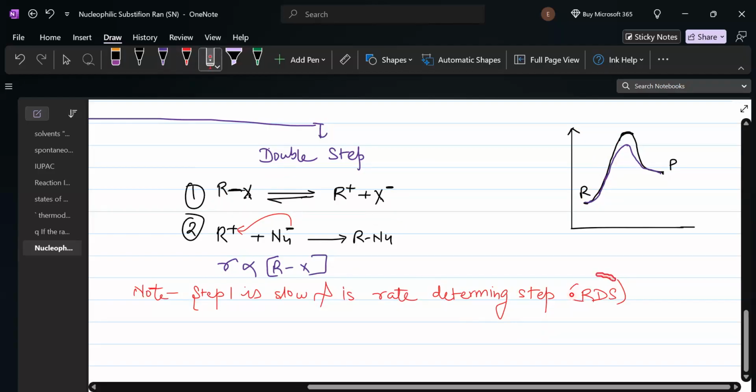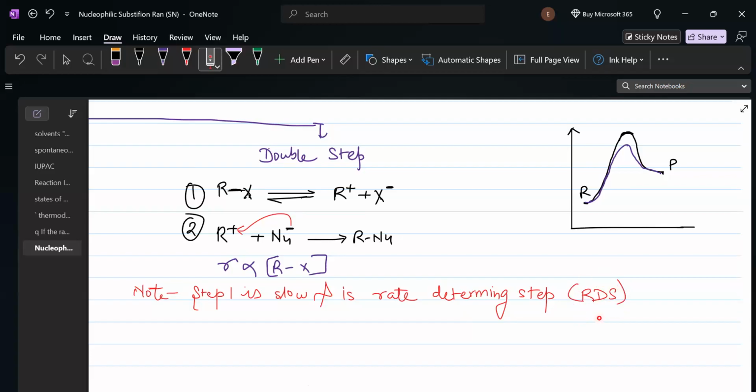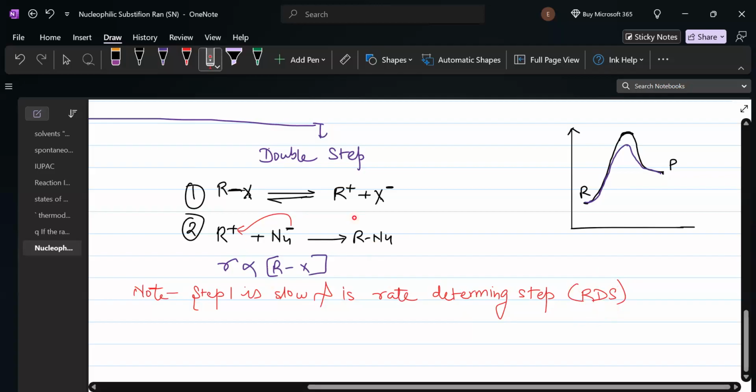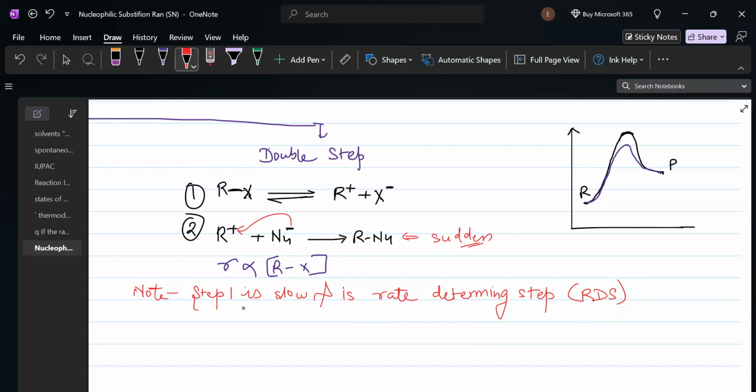This will determine whether the reaction will take place or not, or what the rate of reaction will be. The other step takes place very suddenly, so we don't have to worry about it. Our main concern is the RDS, the rate determining step. What is the rate determining step? That is our main concern.